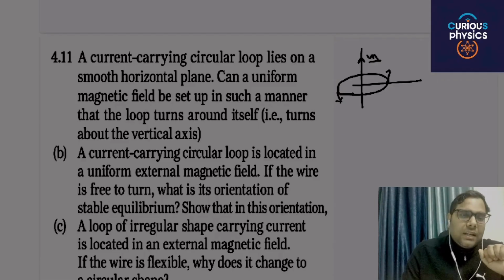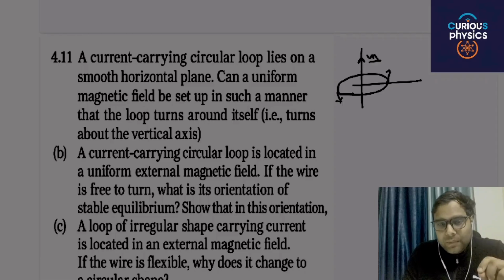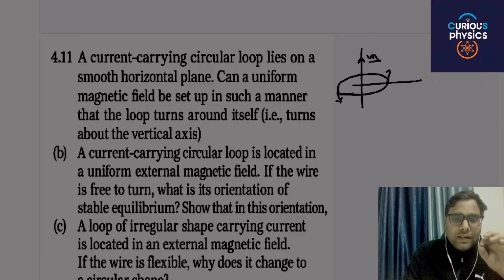Second, a current carrying circular loop is located in a uniform external magnetic field. If the wire is free to turn, what is the orientation of stable equilibrium? Stable equilibrium is when the angle between the magnetic moment and the magnetic field is 0.